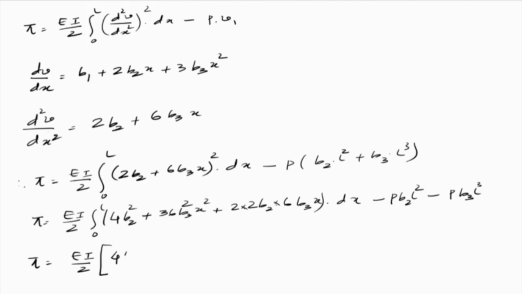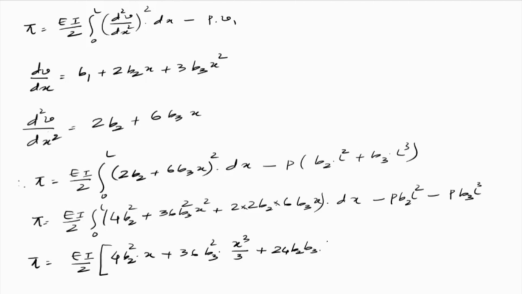So 4B2 square x, the integration of this constant is x, plus 36 B3 square, integration of x square is x cube by 3, plus 2 into 2 into 6 into 4, it is 24 B2 B3 as it is.